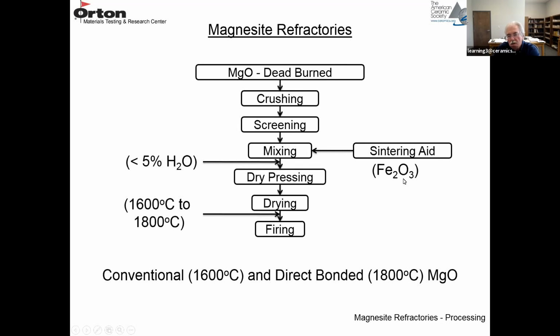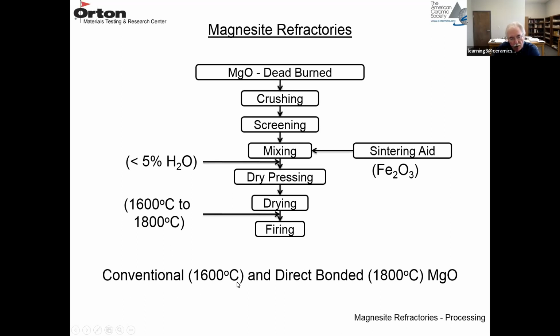You can also add Fe2O3 as a sintering aid. We just mentioned that MgO can tolerate large amounts of Fe2O3, so it can be used as a sintering aid to promote the sintering and densification process. These materials are pressed and dried and then fired at 1600 degrees C to 1800 degrees C.